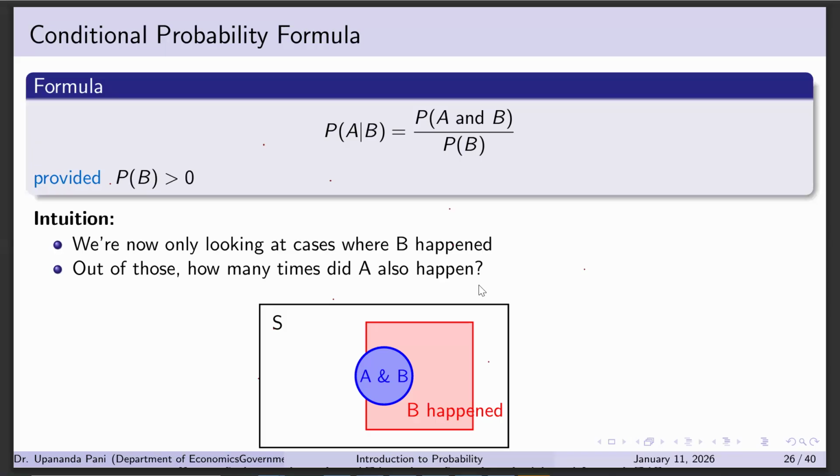First try to understand the intuition. The whole sample space: first you look at where B has happened, then out of those, how many times did A also happen. First if you see it graphically, then you will be able to understand conditional probability.